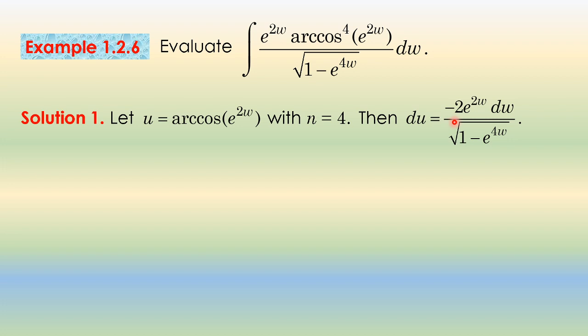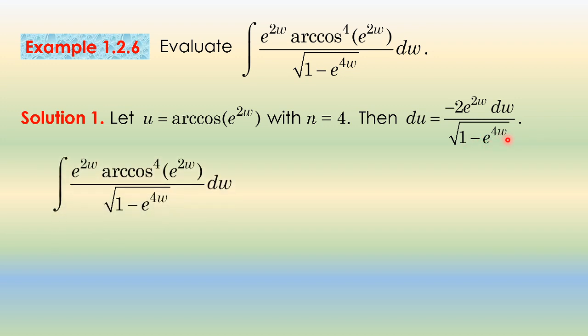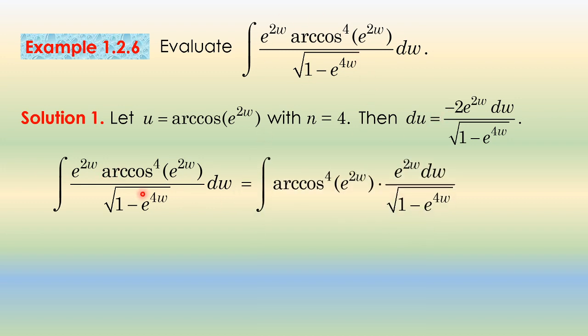So du therefore is negative 2 e to the 2w dw over the square root of 1 minus e to the 4w. Let's check if this is present inside, expressing this integral in terms of u, in the u to the n du format.